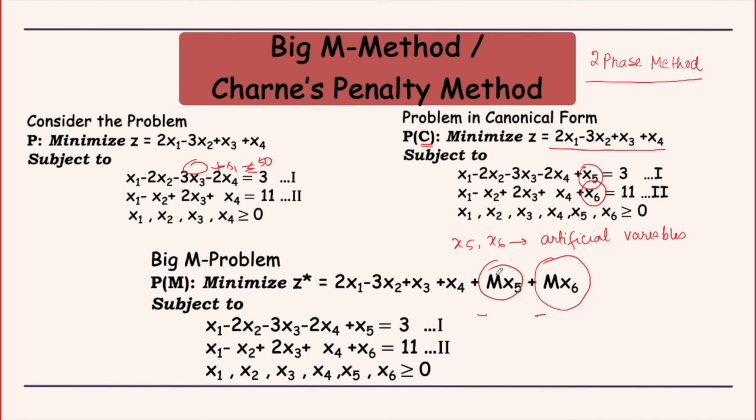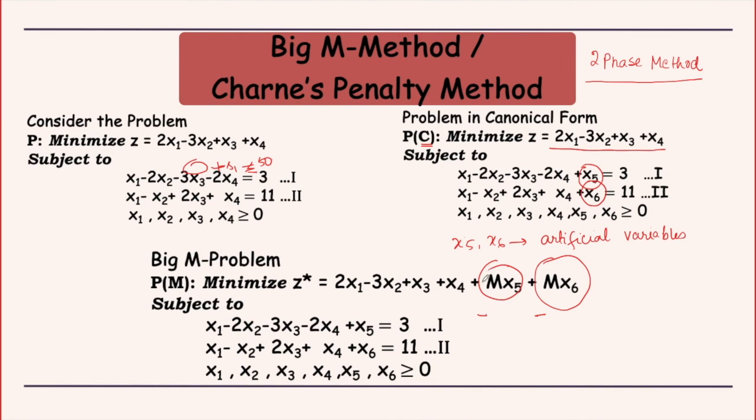If we add a very large number as a coefficient with a variable in a minimization problem, then it will be discarded very early.